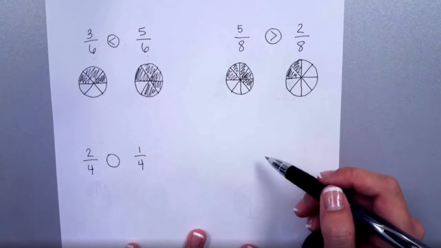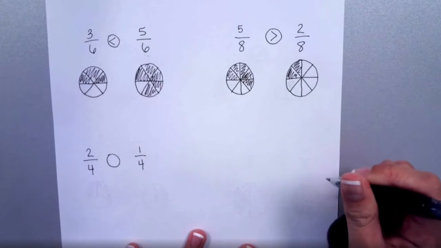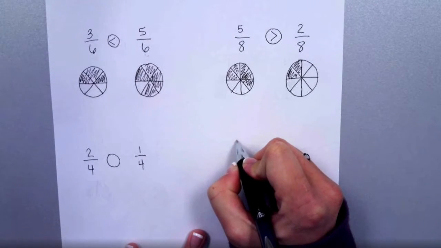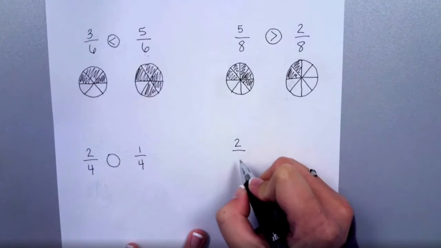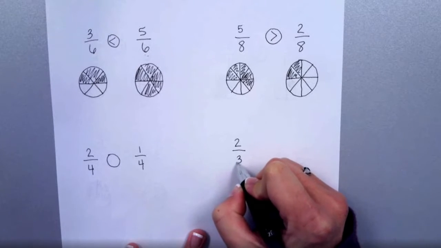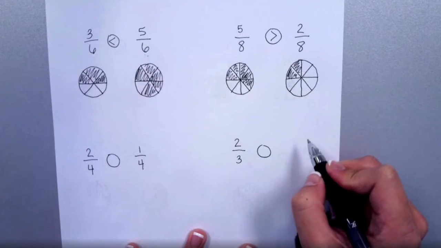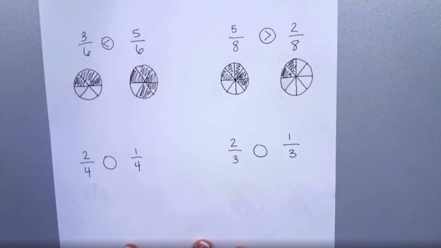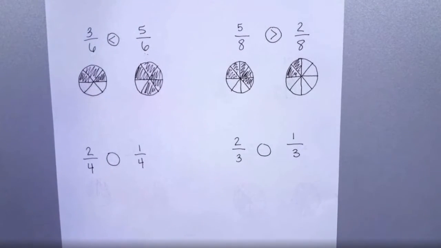And over here, let's use 2/3 is greater than, less than, or equal to 1/3. Okay, so pause this, try these two on your own in your notebook, and then come back and check.